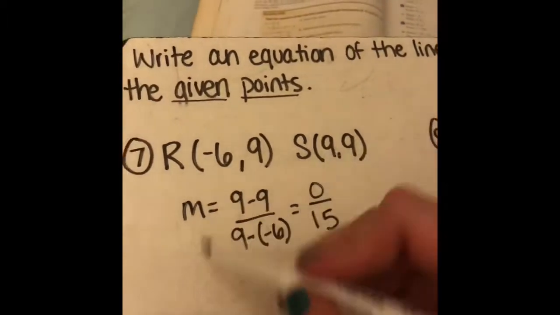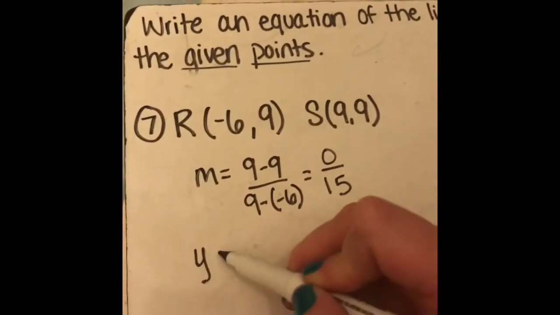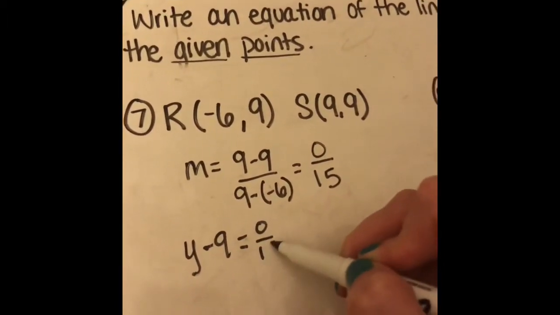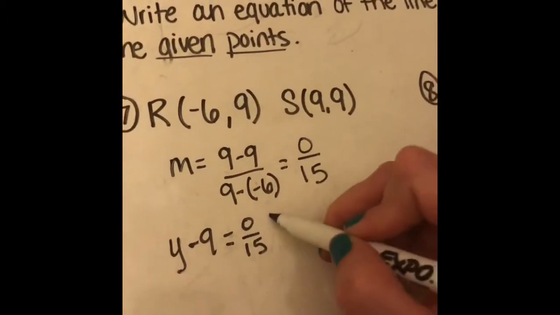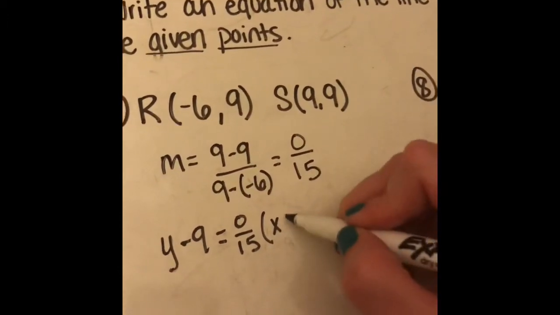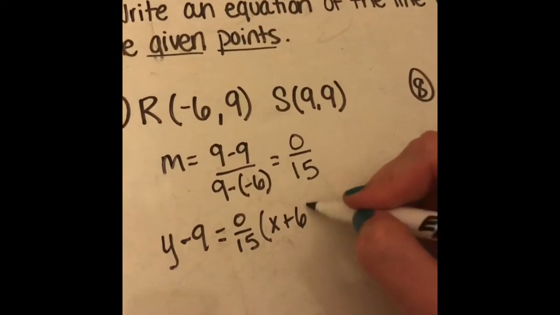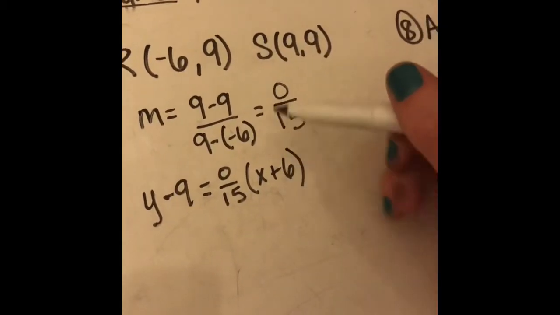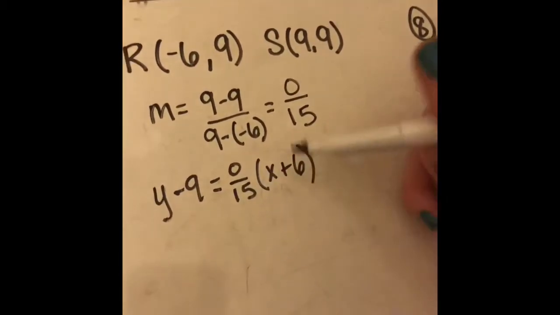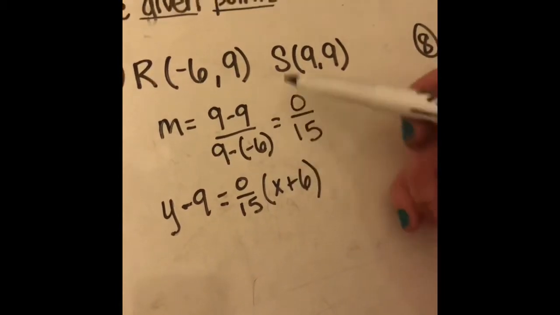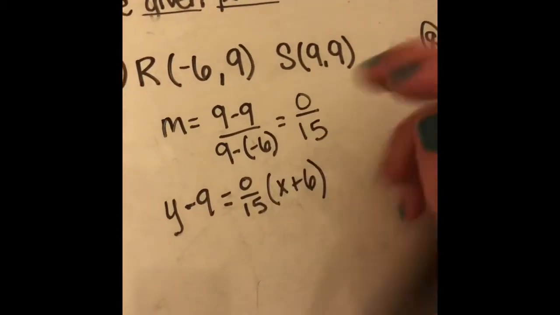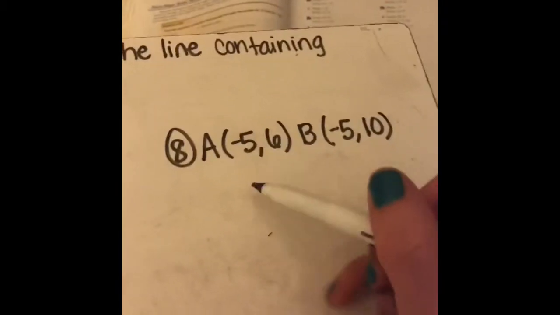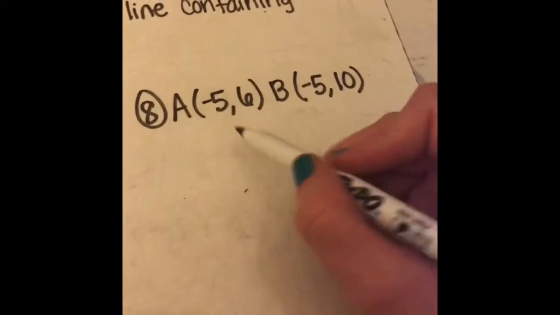Then we'll put that in: y minus 9 equals 0 over 15, x plus 6. For this one, I'm going to stop there. I'm not sure that we can go much further because of the 0. If she goes over your answers tomorrow, just let me know on that. If I figure it out later, I will definitely let you know.